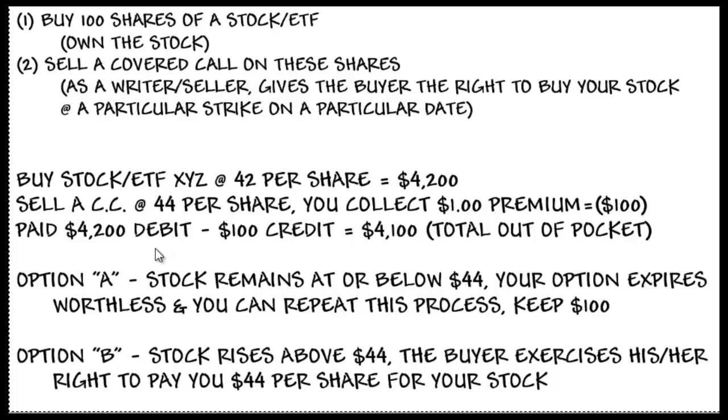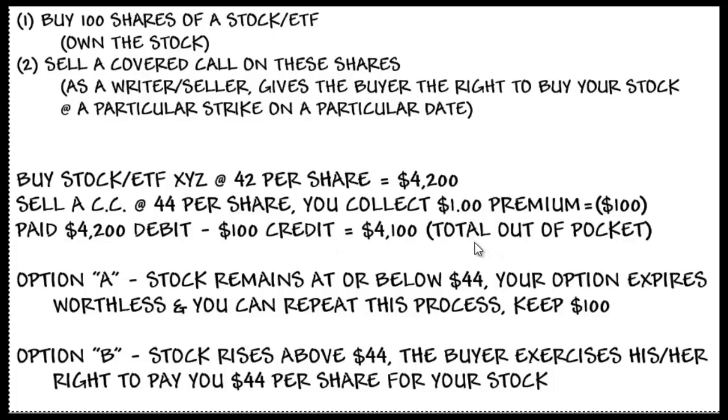So thus far we're out of pocket. We paid $4,200 to actually buy the stock or the ETF. That is going to be a debit. And then we received a credit of $100, which is the premium. We take the $1 times the 100 shares, and that gives us $100. So that $100 is now a credit.